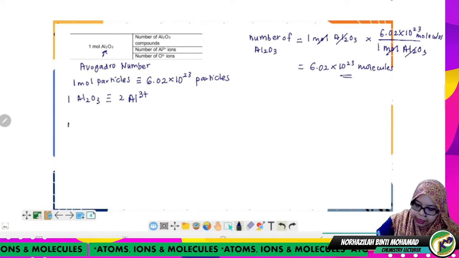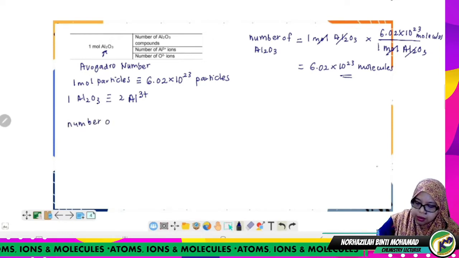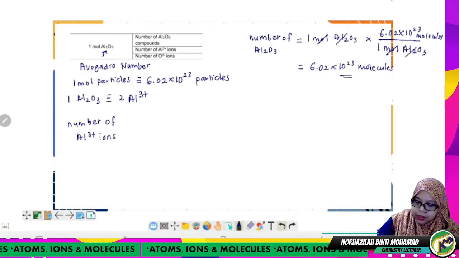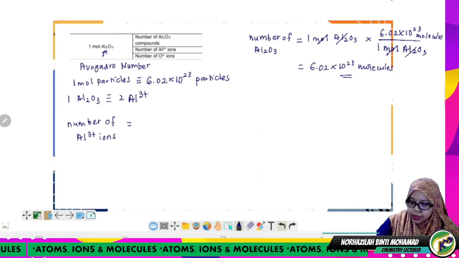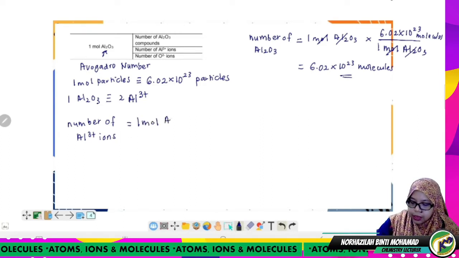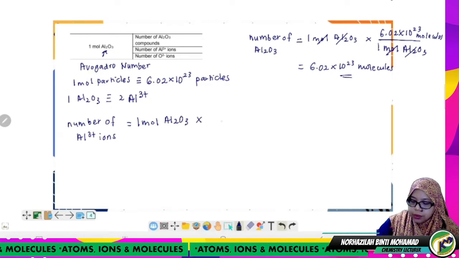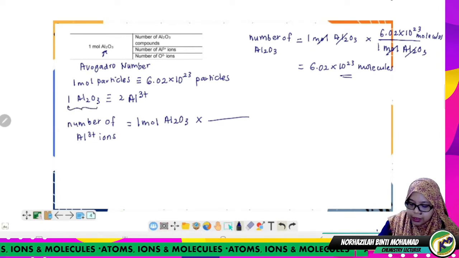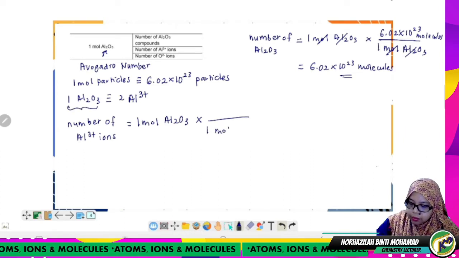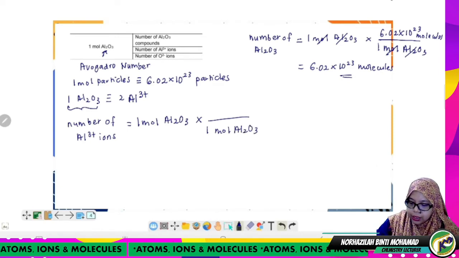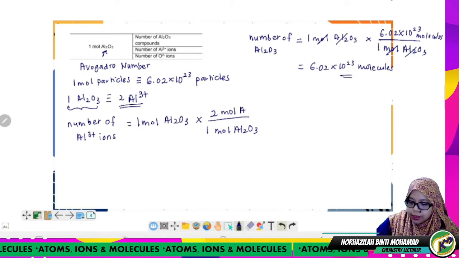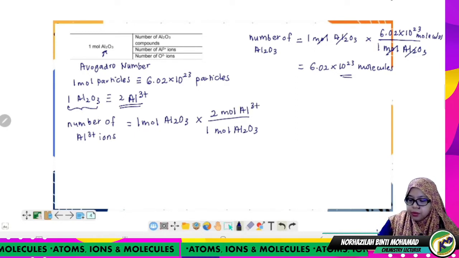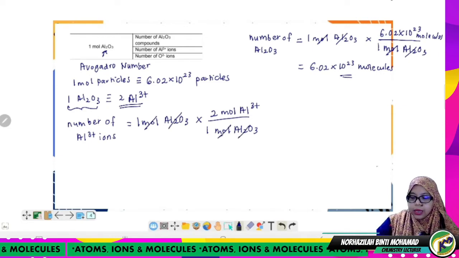So number of aluminium ions is equals to, so given mole Al2O3, so we want to cancel the Al2O3, so we write this one first, 1 mole Al2O3, and then we write 2 mole aluminium 3 plus at the above, so we can cancel the unit of mole Al2O3.